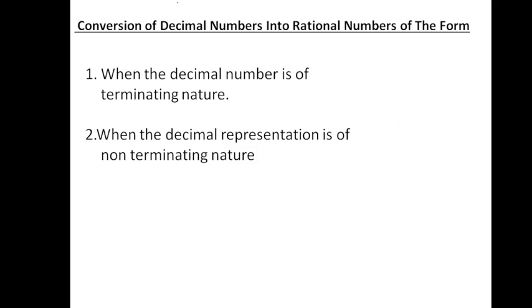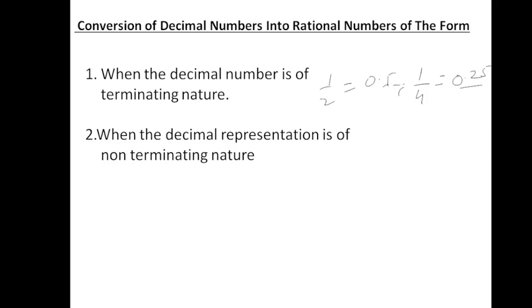Now we will move to another slide. Conversion of a decimal number into a rational number, when the decimal number is of a terminating nature. Terminating nature means that after certain digits the number ends, like 1.2, 0.5, 1.4, 0.25.